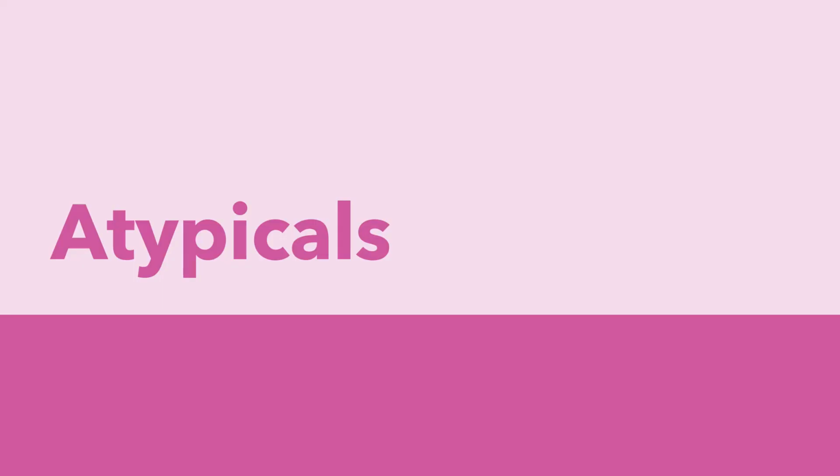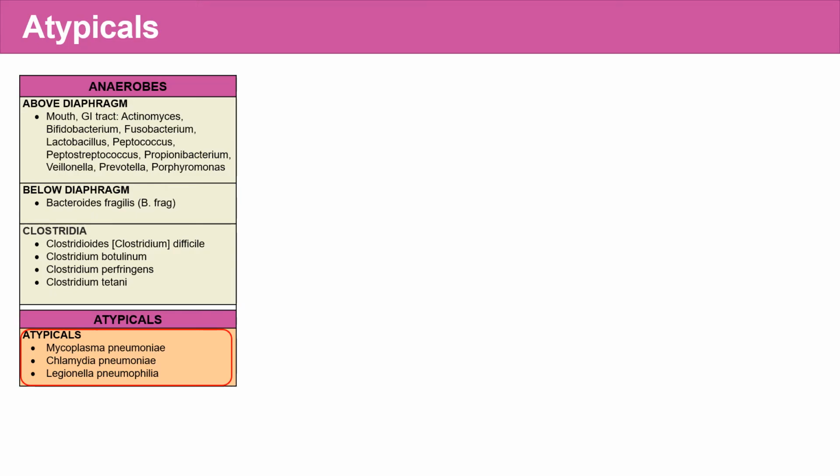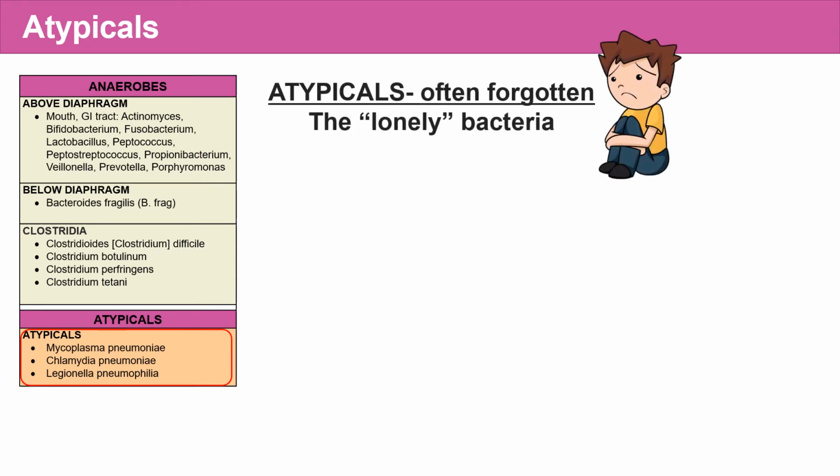Now let's move along and talk about the atypicals. Atypical bacteria comprise 3 bacterial species: Mycoplasma pneumoniae, Chlamydia pneumoniae, and Legionella pneumophila. Atypicals are often forgotten, and they're thought of as the lonely bacteria.